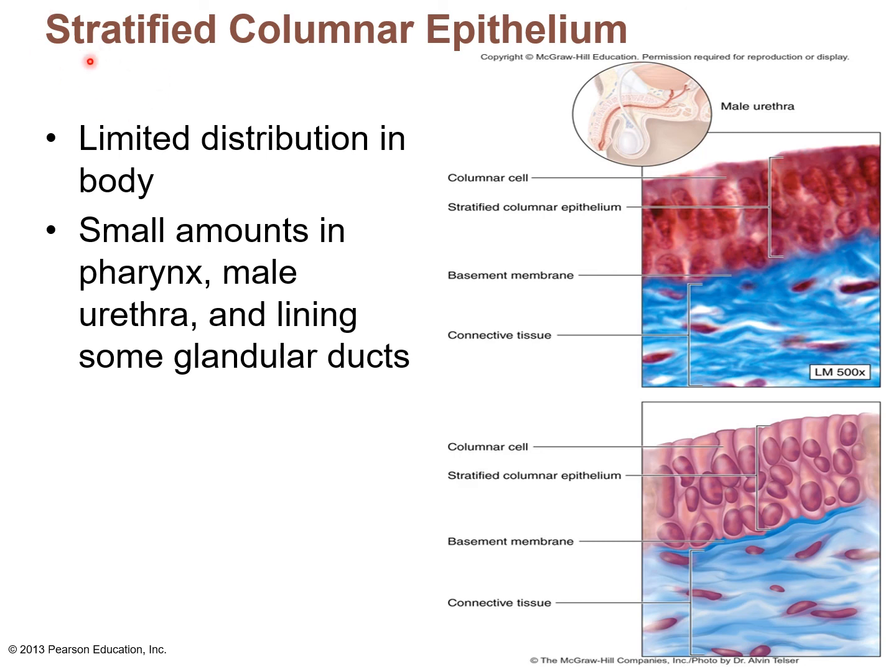One more time, whenever you are thinking of a stratified tissue and you're trying to figure out its function, protection. Just go with protection. And so stratified columnar, you find it in areas like lining the urethra, lining some glands, lining the pharynx.